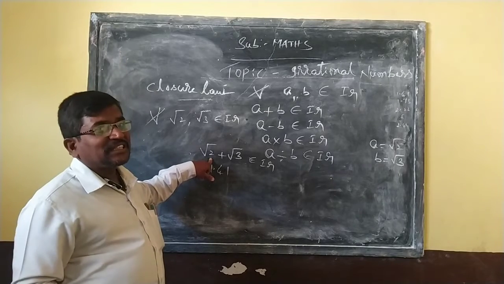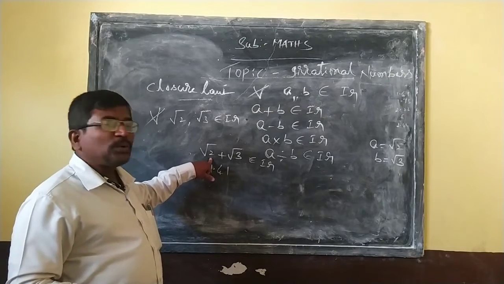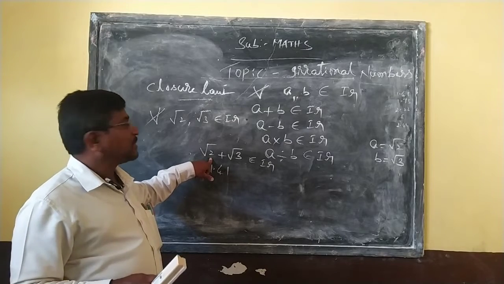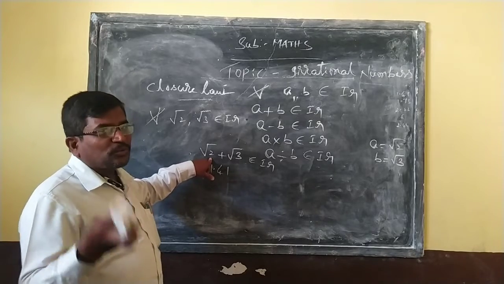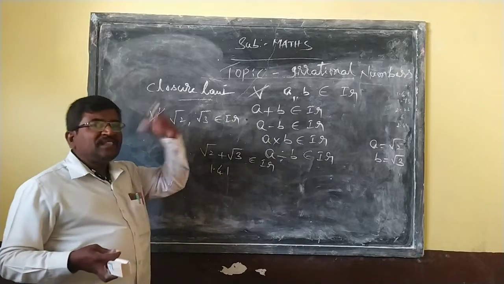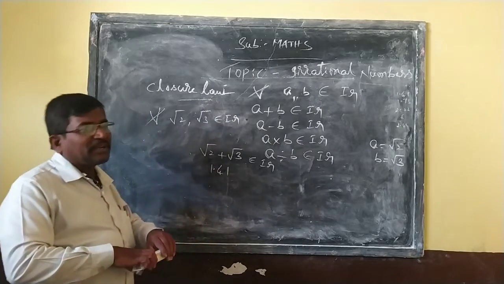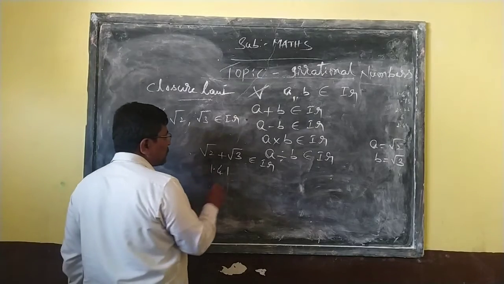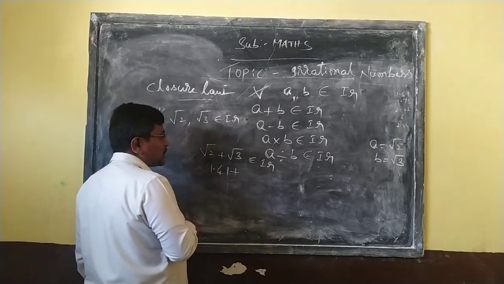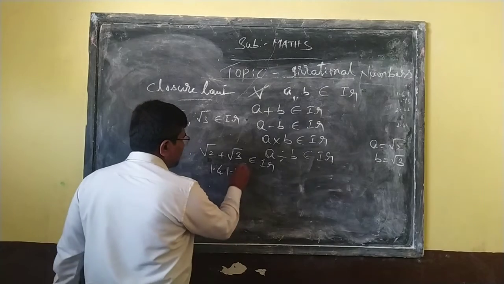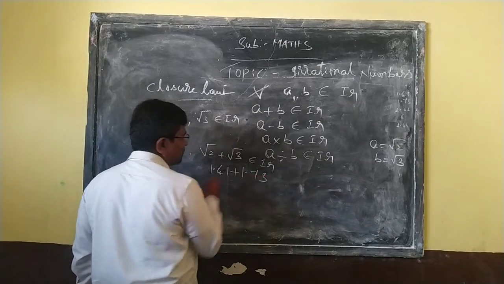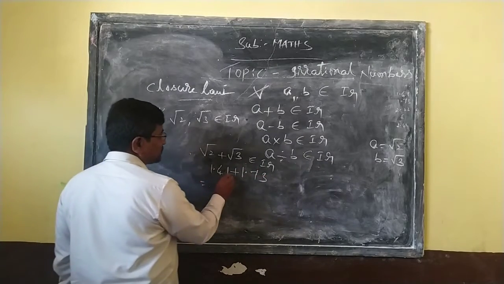I will take it in the next class. Perfect square numbers will come, and there I will explain how to find root 2, root 3. But here, just for understanding purpose, I am directly writing the value. So root 2 is 1.41 plus root 3, that is 1.73. See, you can add.